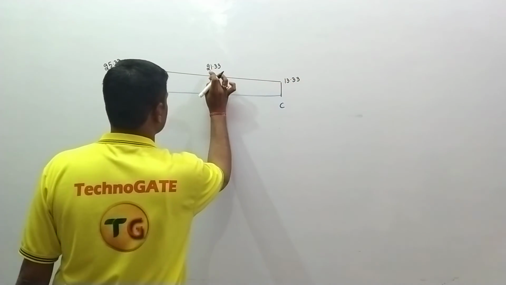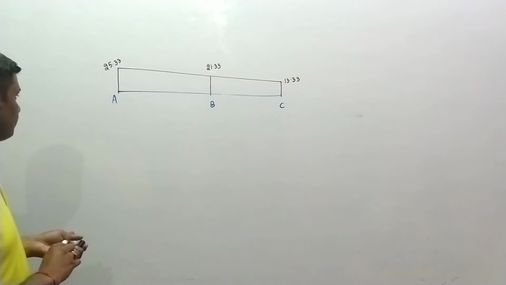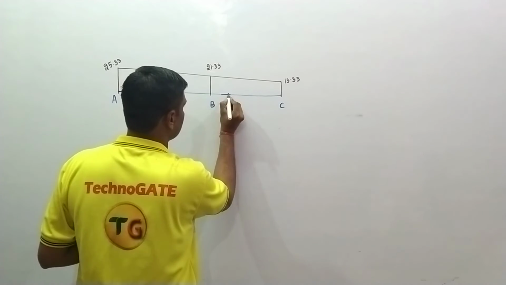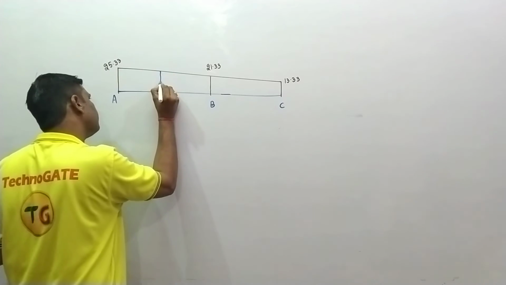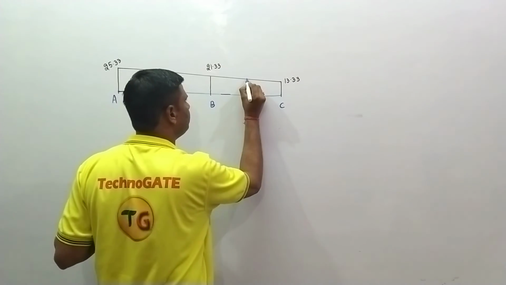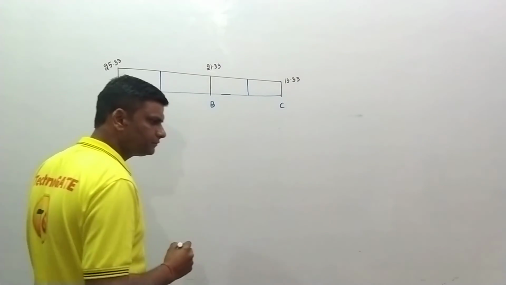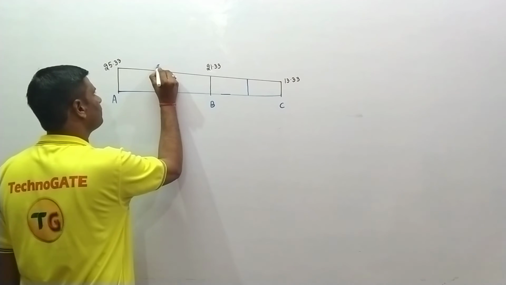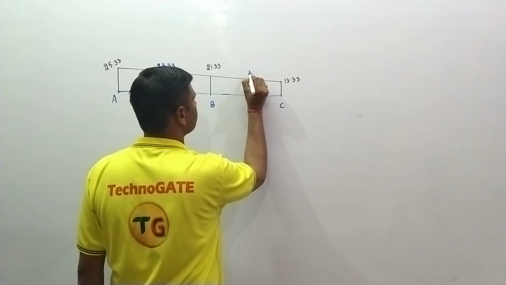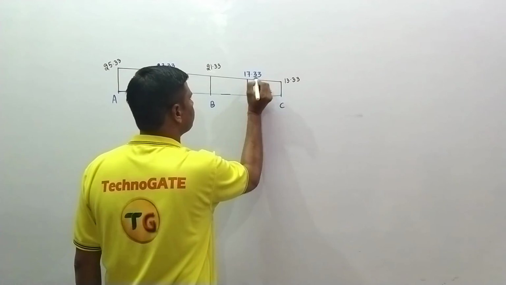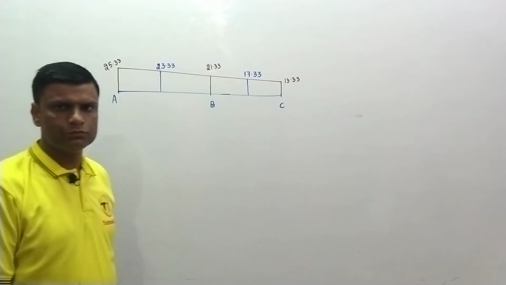The average values at the center of span AB and BC were 23.33 here and 17.33 here. Now all these values are negative in the moment diagram.